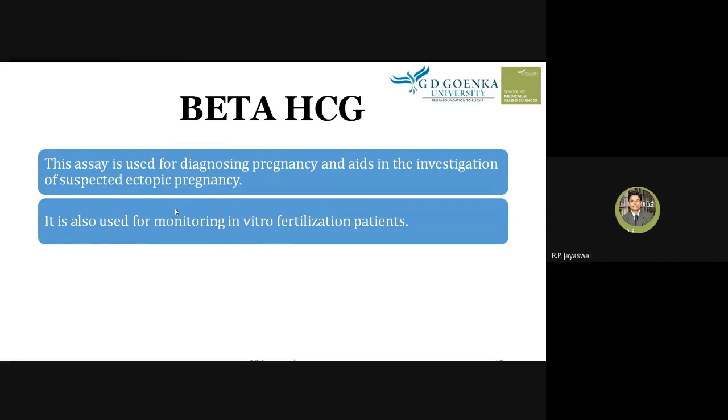So this is what we call ectopic pregnancy. Ectopic pregnancy means a pregnancy in which the fertilized egg implants outside the uterus. So the egg is fertilized and then implanted outside the uterus. Then it is called an ectopic pregnancy. That is an extrauterine pregnancy.